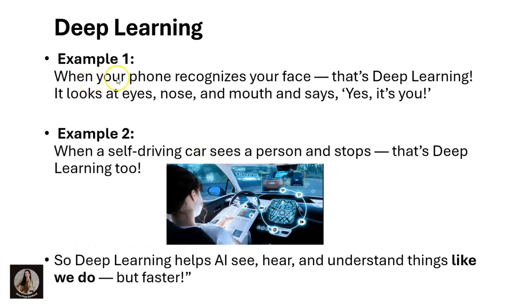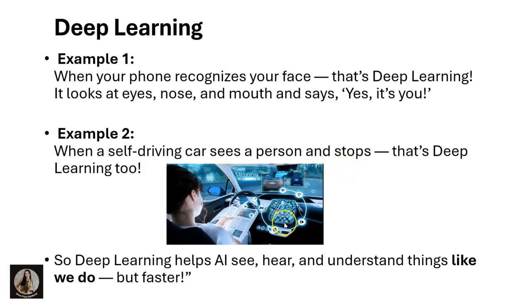For example, when your phone recognizes your face, that's deep learning, because it will look at your eyes, nose and mouth. It will say, yes, that's you, and unlock your phone. Clear? The next example is when a self-driving car sees a person and stops. If you observe this image, the self-driving car will recognize the cars or person and immediately slow down or stop.